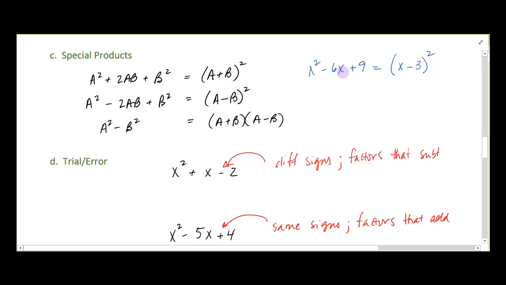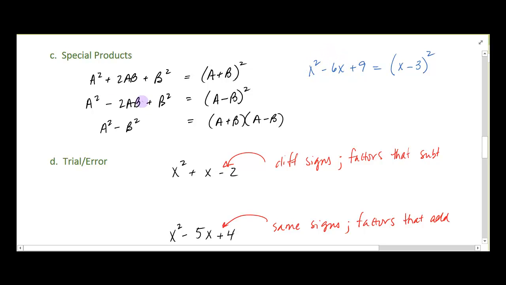Now I need to point out that I know it's going to factor into this because the middle term, which is the one you always need to check, comes from 2 times the product of the square root of the first times the square root of the second. So the square root of this is just x, or 1. The square root of 9 is 3. So 3 times 1 times 2 gives me 6.